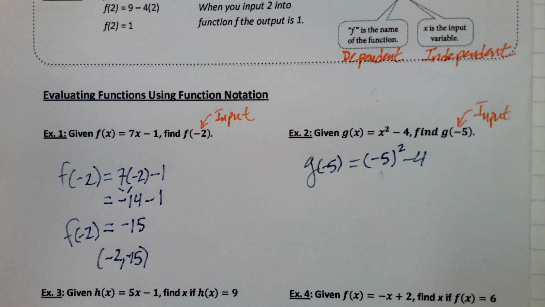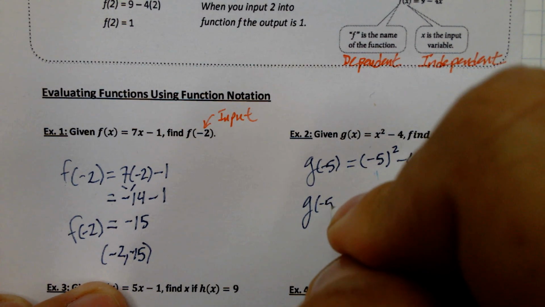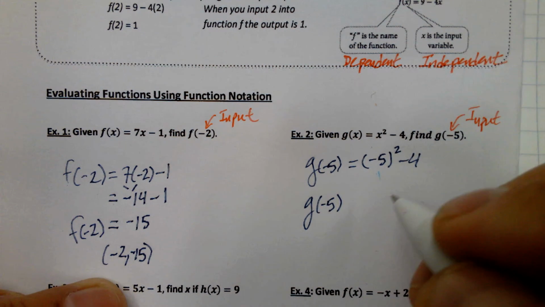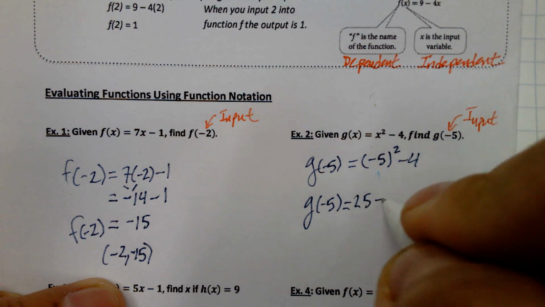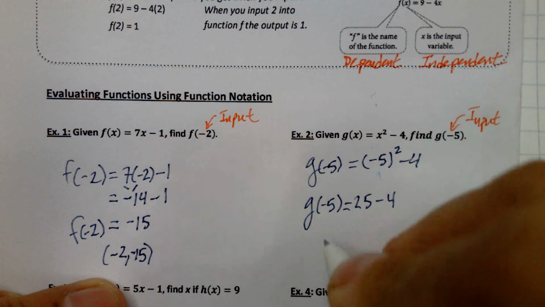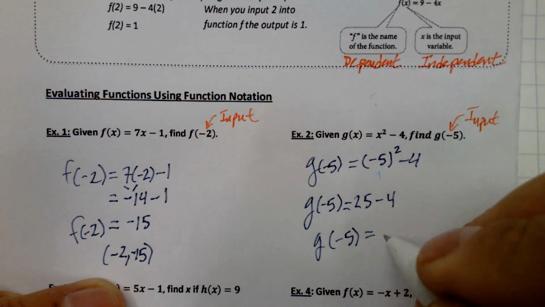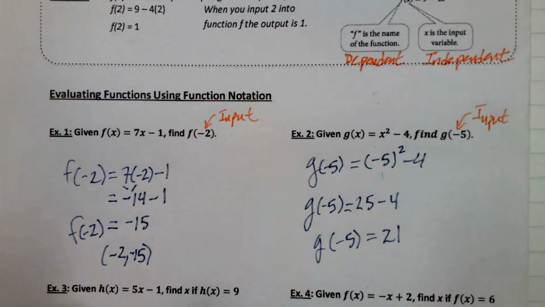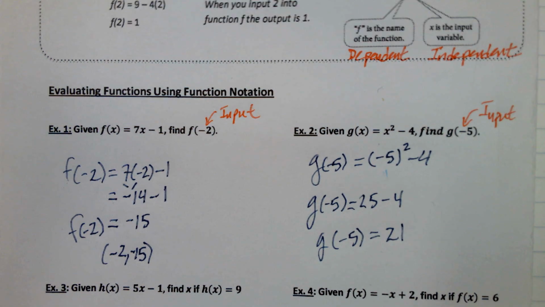Okay, and so we'll square negative 5. How much is that? So it's 25 take away 4. So g of negative 5 is 21. Okay.